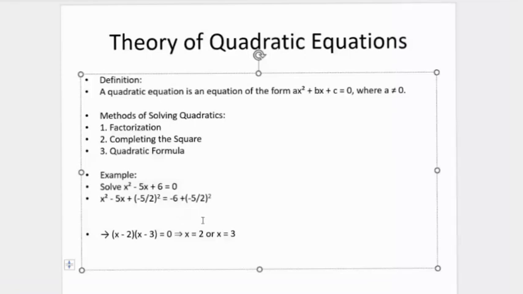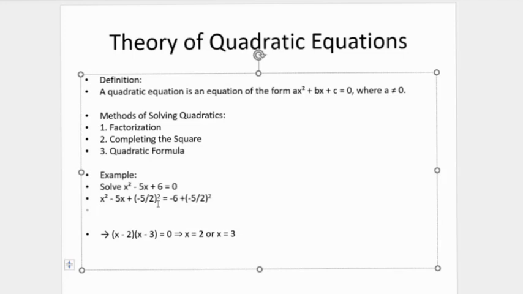So now we have constant terms on the left-hand side and constant terms on the right-hand side. When you do this completing the square, your left-hand side always resolves to something very simple. Stay with me.